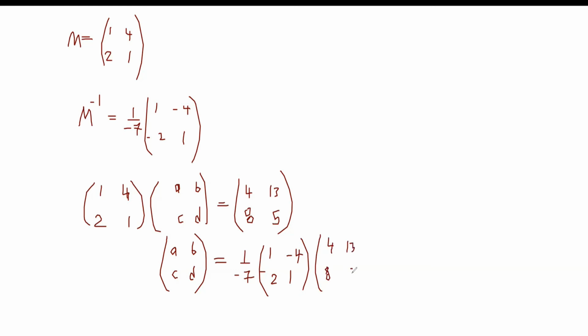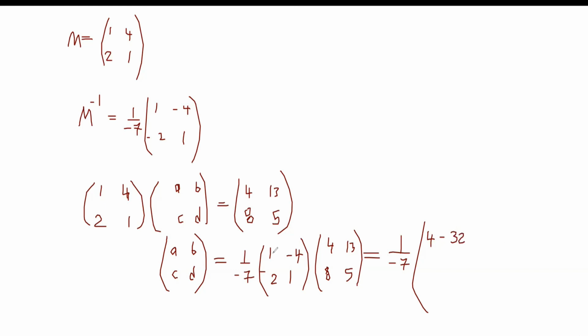All right, nice. So now when we multiply them, we get 1 over minus 7 times the product of these two matrices, which we multiply first. Going row by column, it's 1 times 4, which is 4, plus minus 4 times 8, which is minus 32. That gives us the first element.